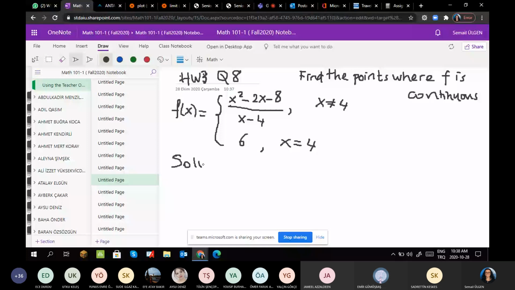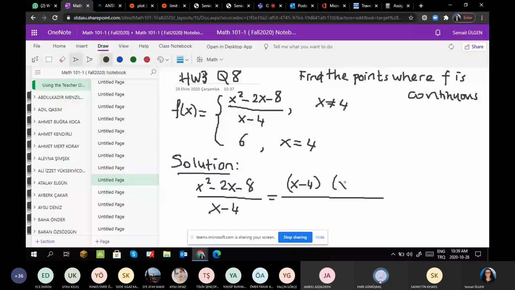Okay, so first of all, I want you to just focus on this first piece. So we have x squared minus 2x minus 8 over x minus 4. So I want to factor this out. So this is x minus 4 on top and x plus 2 on top, and x minus 4 in the denominator.